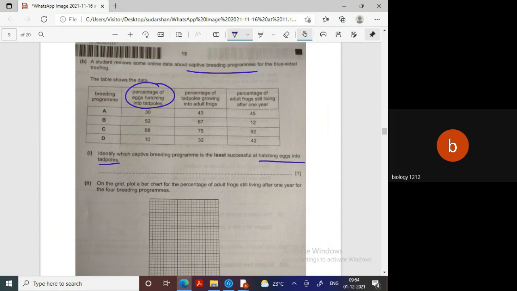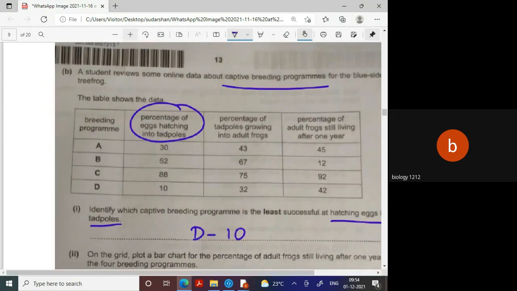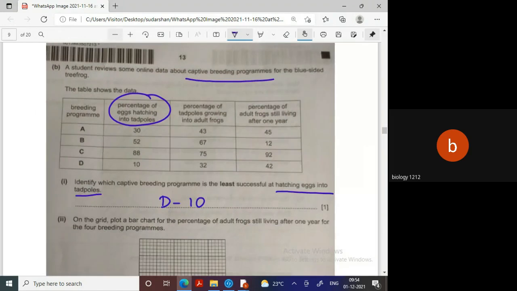You can see 30, 52, 88 for the respective breeding programs, and the least one is 10. So this is D, which represents the lowest one. I just increased the size, I hope this gives you a clear picture.